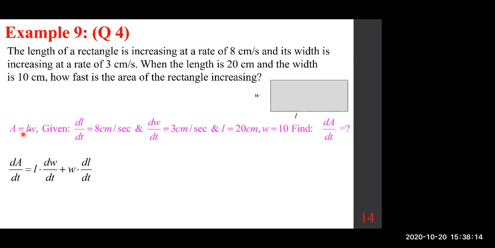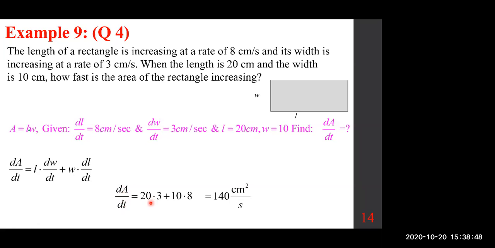Everything is given. Look at your givens. You wrote everything here. You don't have to look for anything. Just plug everything in and find the missing one. Putting everything on the right side, we get 140 centimeters squared per second. It is important to see that, again, for dA/dt, the units are the units of area over the units of time.